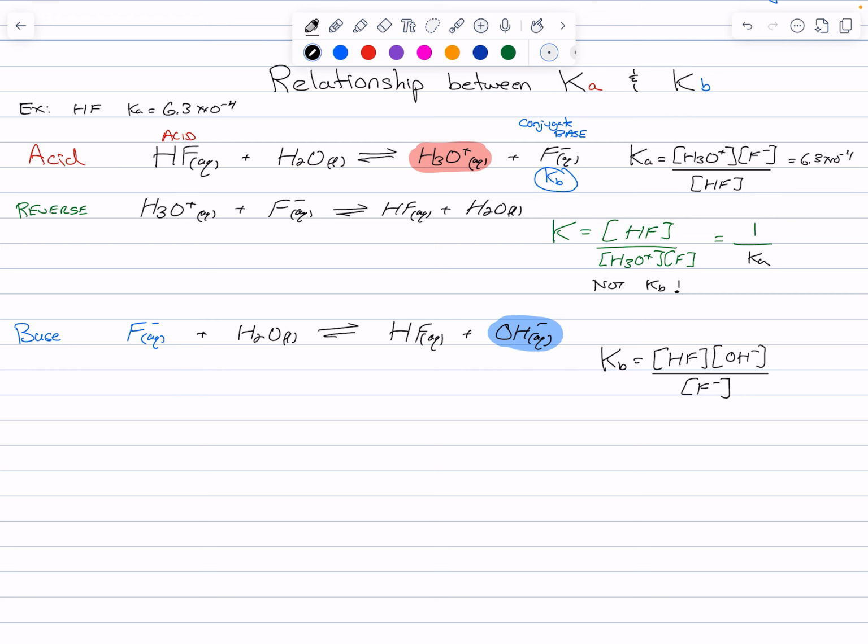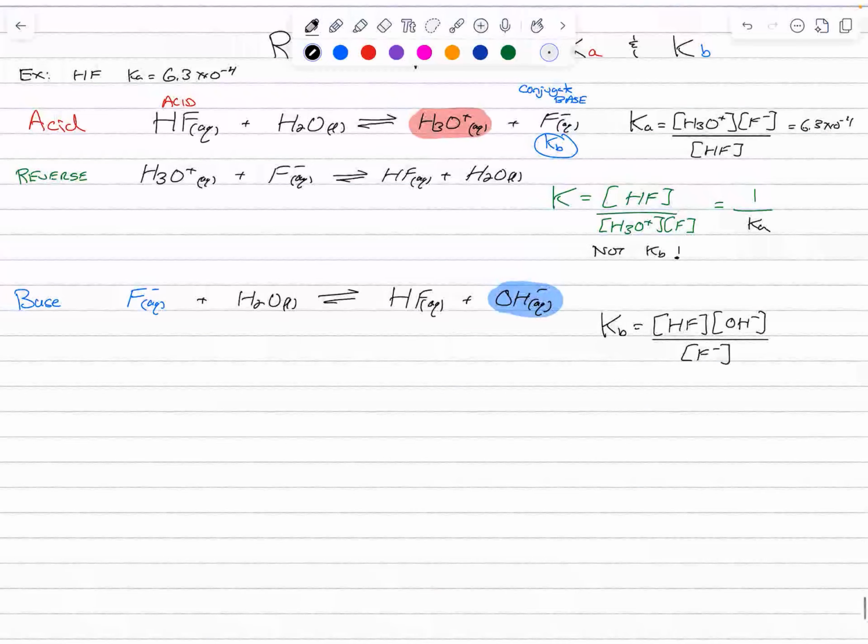All right. How are we going to get this value? Okay. So I'm going to rewrite the Ka and the Kb here for a second. Ka is the concentration of hydronium, the concentration of fluoride, all over the concentration of hydrofluoric acid.